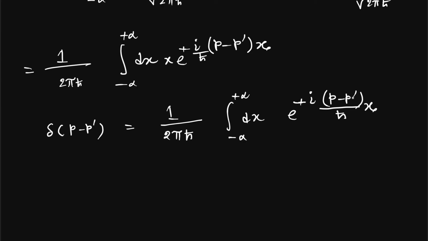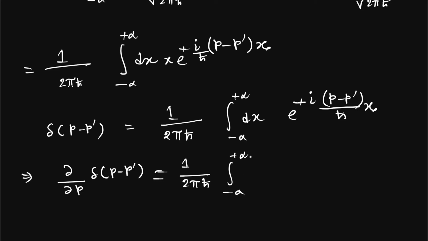And if we differentiate it with respect to p, we will get del p of delta p minus p prime, that will be 1 by 2 pi h cut, the integral from minus infinity to plus infinity dx del p of e to the power minus i p minus p prime x by h cut.